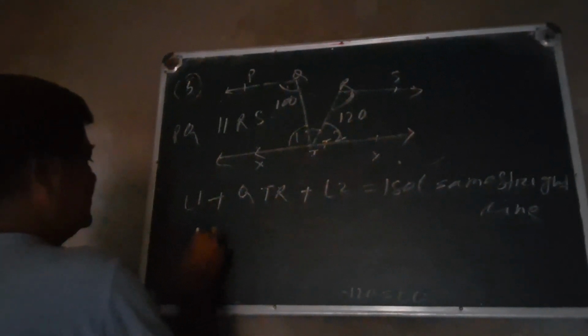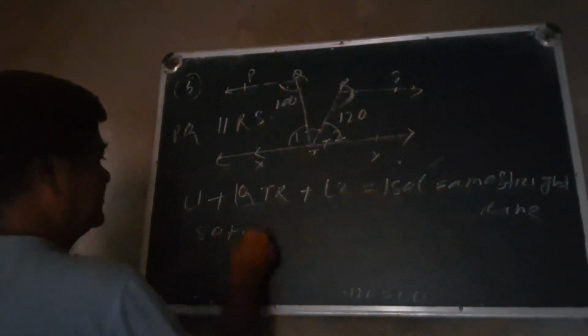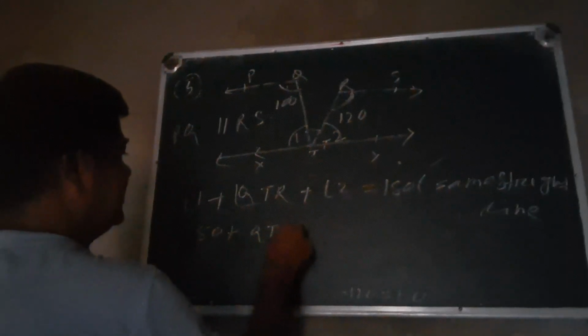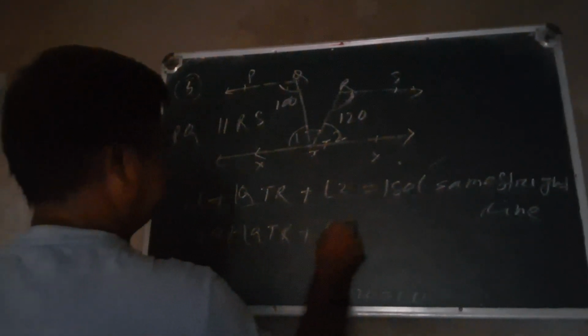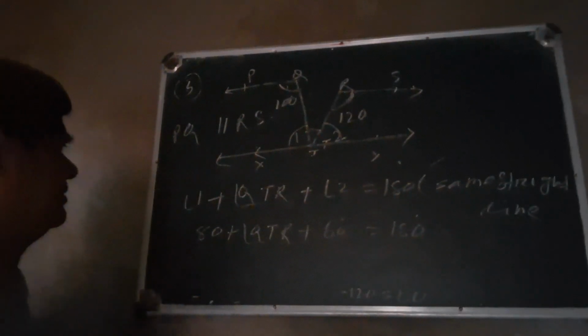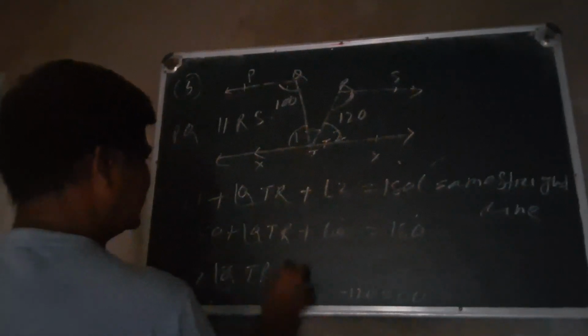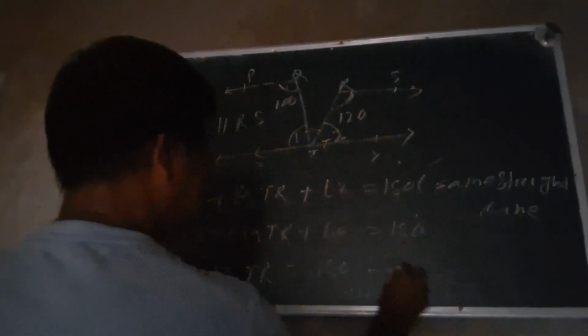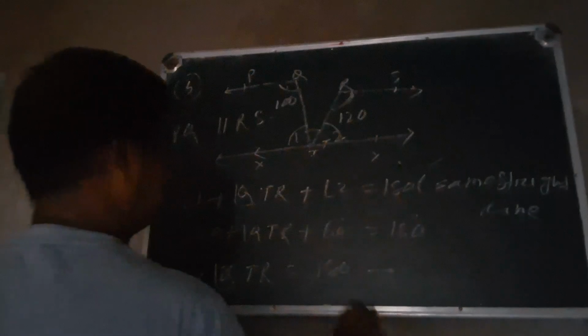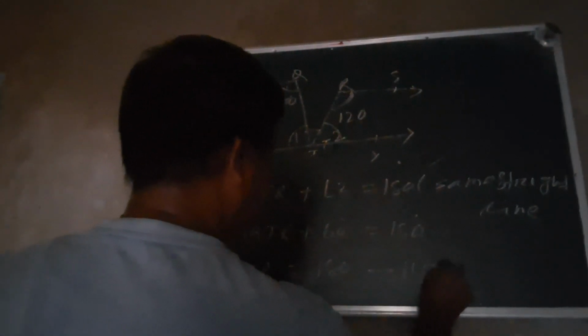Put the value of 80 degrees plus QTR plus angle 2, 60 degrees, equal to 180. 80 plus 60, 140. That implies QTR equals 180 minus 140 equals 40.